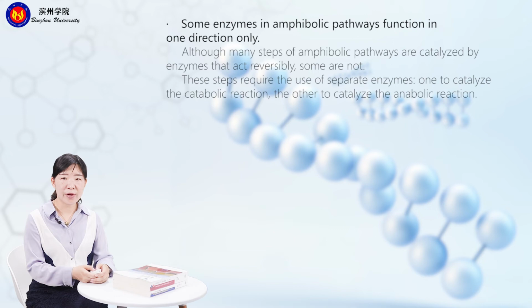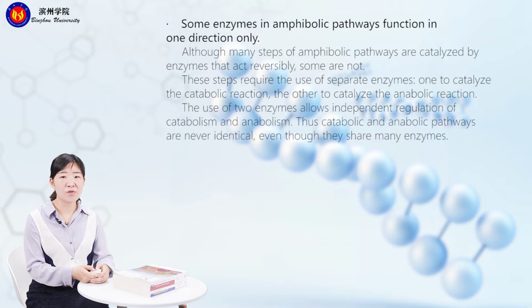These steps require the use of separate enzymes, one to catalyze the catabolic reaction, the other to catalyze the anabolic reaction. The use of two enzymes allows the independent regulation of catabolism and anabolism. Thus, catabolic and anabolic pathways are never identical, even though they share many enzymes.